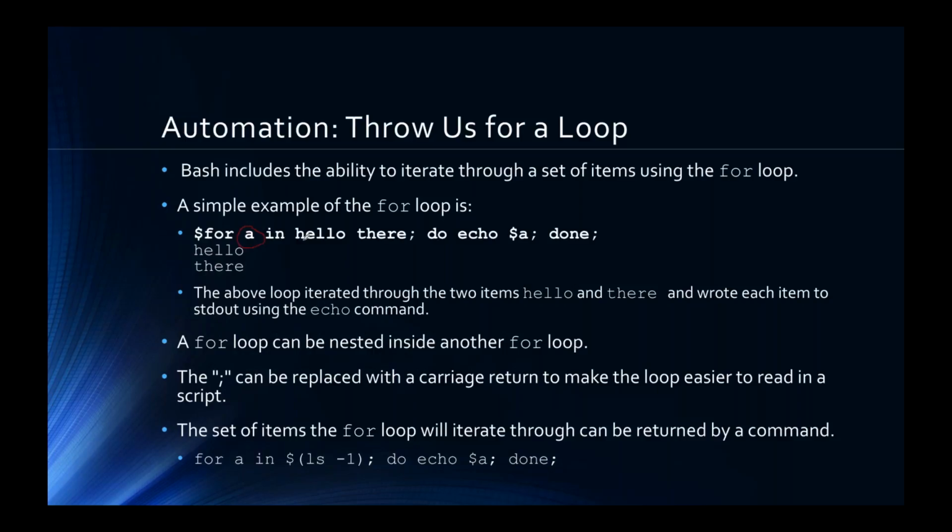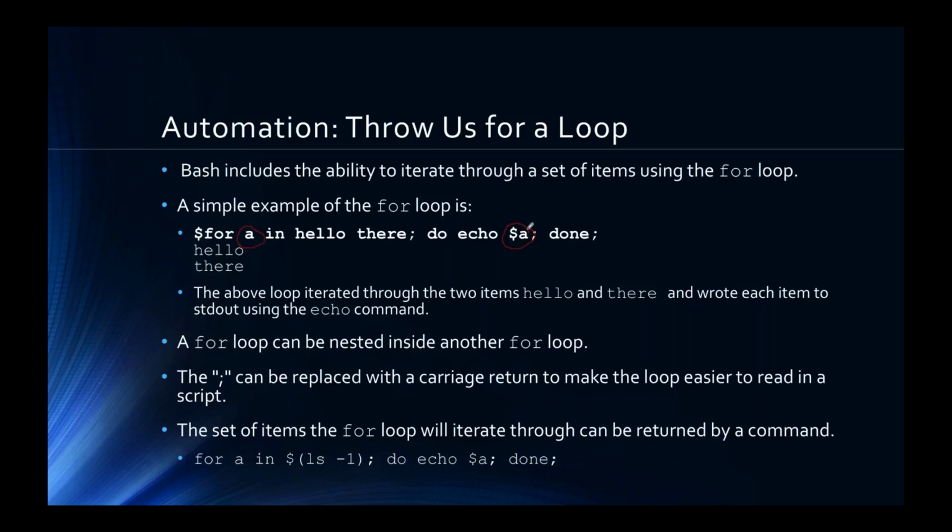And so we have hello there. So it's a string that is space delimited. And then we tell the for loop we're going to use the do keyword here to then do something. In this case, we're going to echo the results of our variable $A.